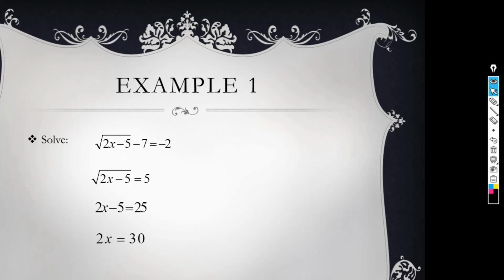Now, all I have to do is make that 2 into a 1, so I get 1x. I've isolated the x, and then the number on the right will give me the solution. Dividing both sides by 2 cancels the 2 on the left, making it 1x, or just x, and 30 divided by 2 is 15. So I get x is equal to 15.